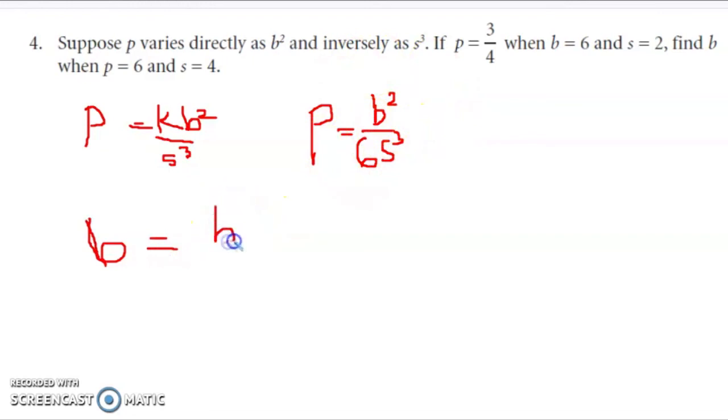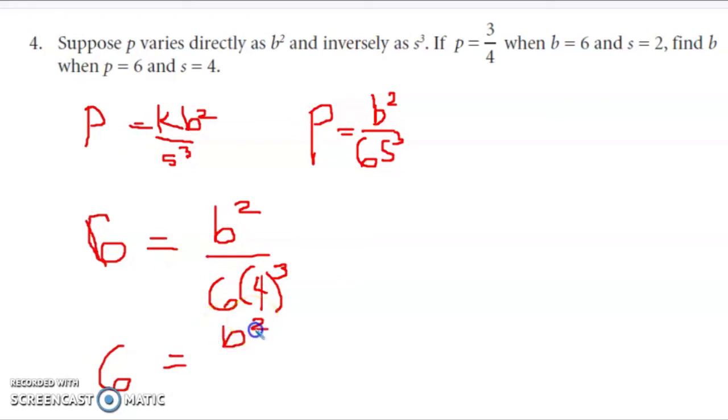Since we are looking for B, that will still be B squared. So this is 6 all over 6. S is 4 and that is raised to 3. Now let us first raise this to power. What is 4 cubed? 4 times 4 is 16 times 4. That is 64. So that is 6 equals B squared all over 6 times 64.